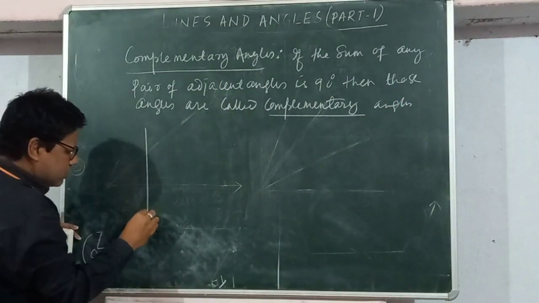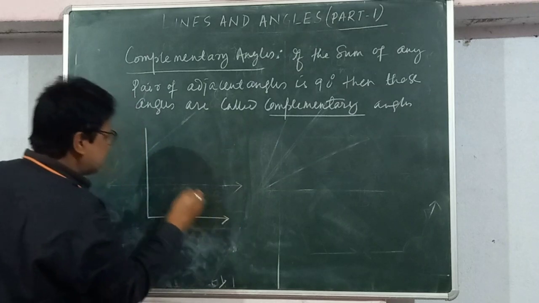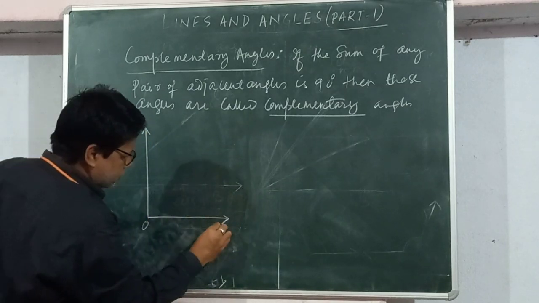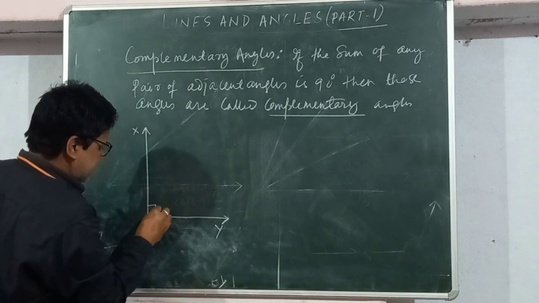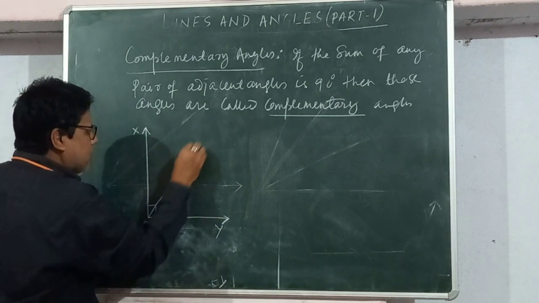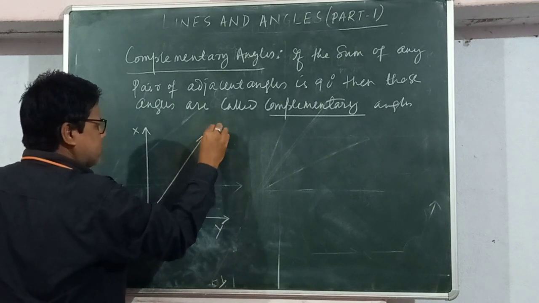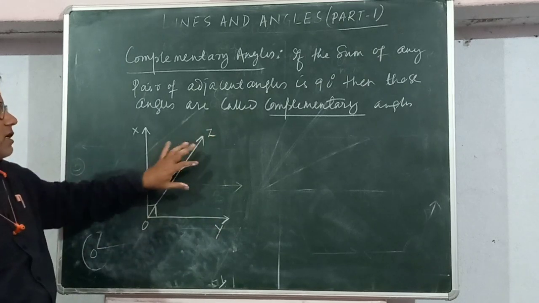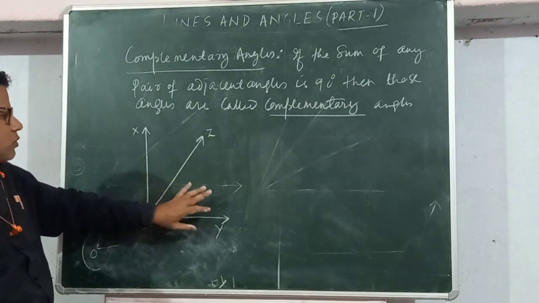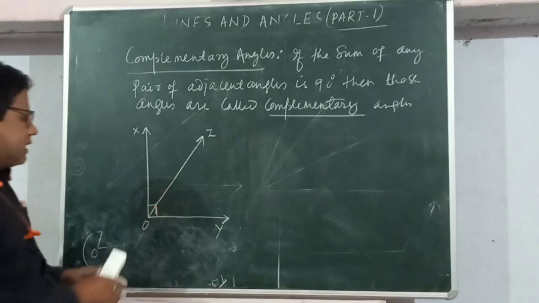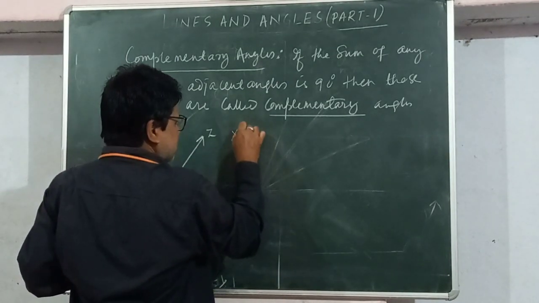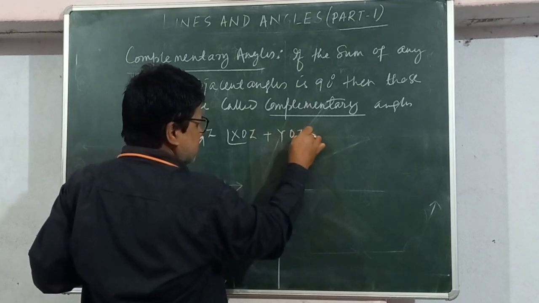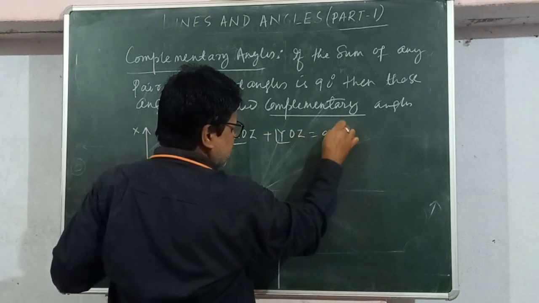Suppose here this is the angle XOY, which is a right angle. Now I am drawing a ray OZ. Now XOZ and YOZ are 2 adjacent angles, but when we take their sum, that means XOZ plus YOZ is equal to 90 degree.